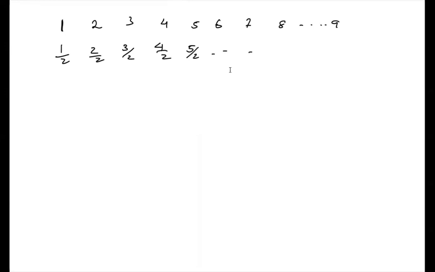Then 1 over 3, 2 over 3, 3 over 3, 4 over 3. And 1 over 4, 2 over 4, 3 over 4, 4 over 4, 5 over 4. If you write your numbers in this way, you will start from here.